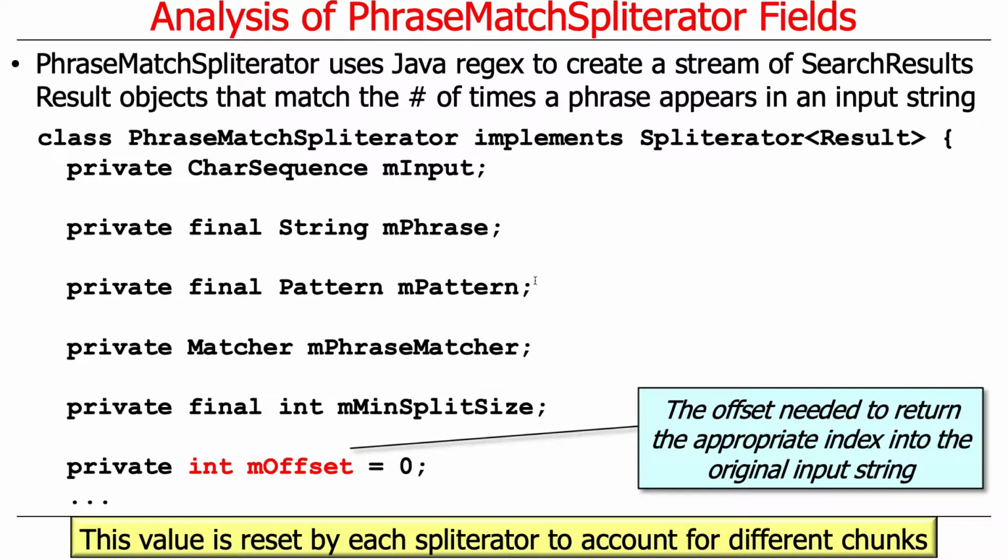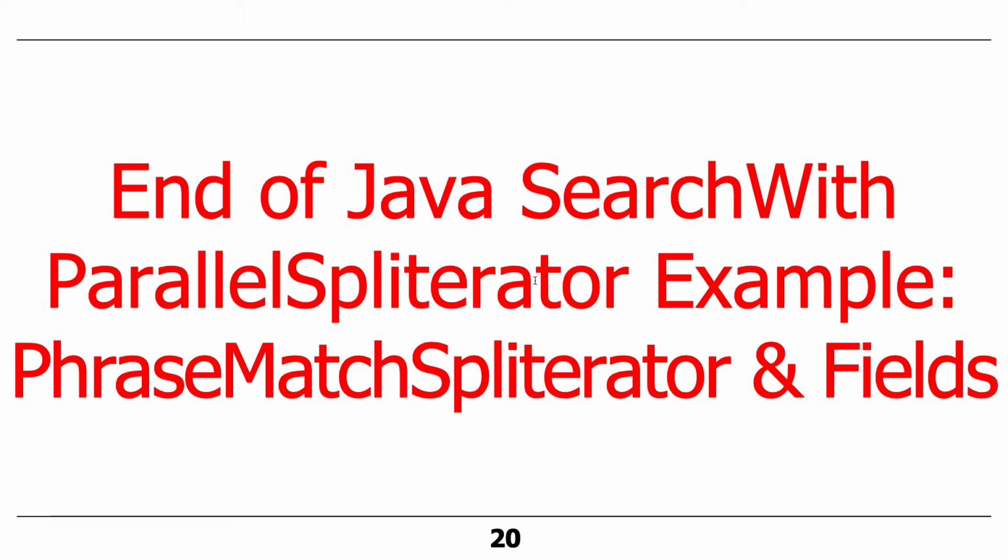And then the last thing is this offset, and this is used to make sure that the right index is returned relative to the original input string. So we keep track of that so we know where the phrase would occur had we done a sequential search. And this value is reset by each splitterator to account for the fact that we've broken the input up into chunks. Okay, so that's basically the fields. That was pretty much a recap of what we had talked about before.